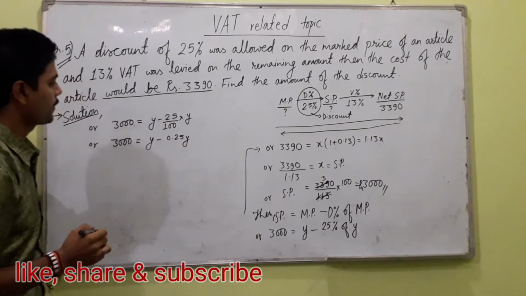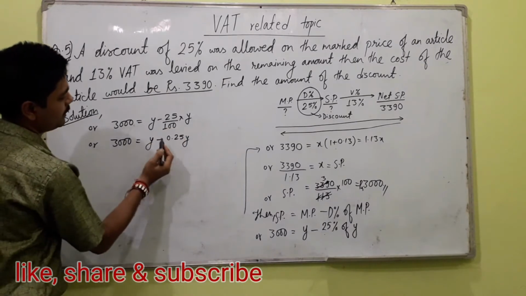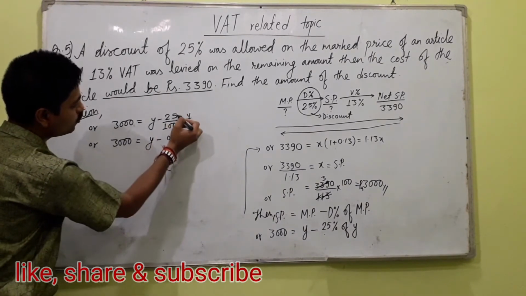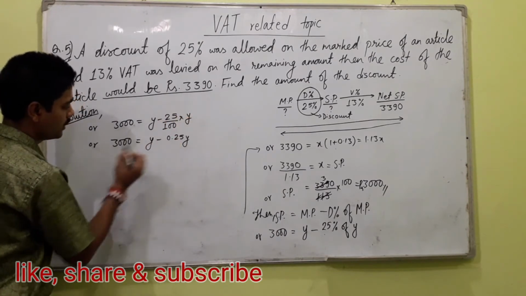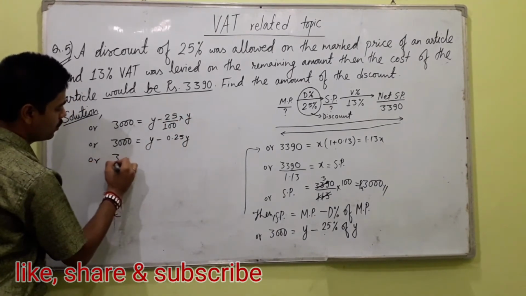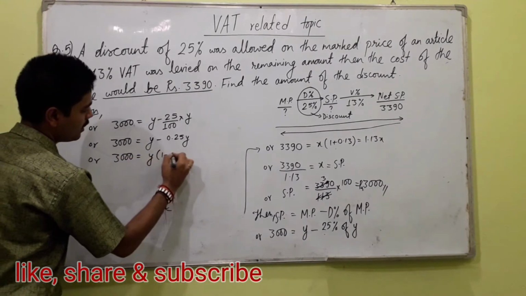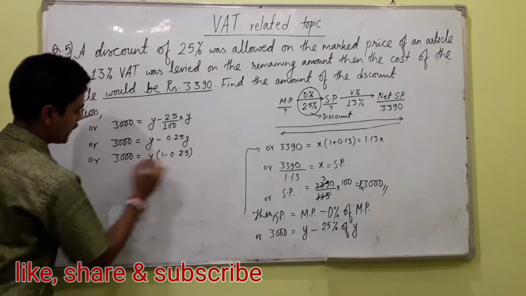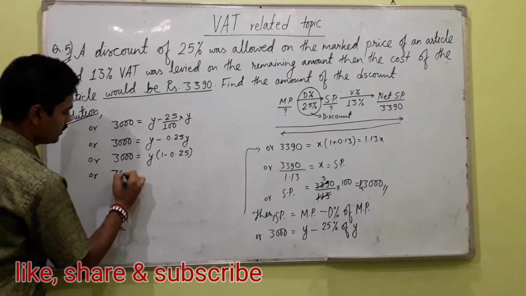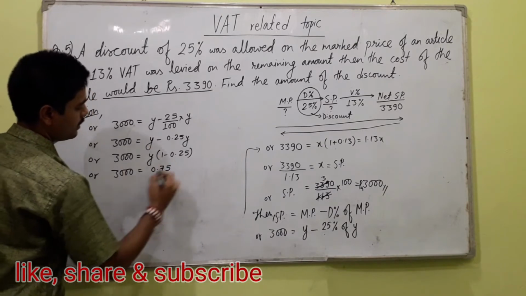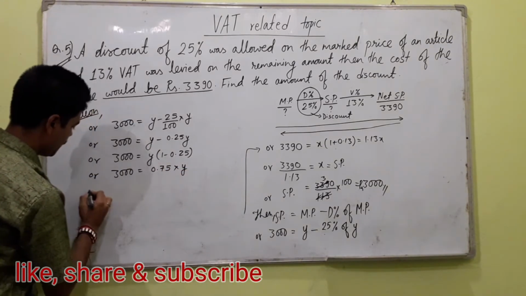Why? It is very simple. There are two zeros, so this will bring back two decimal places ahead of the number while dividing. So 3000 is equal to, taking y common, 1 minus 0.25, or 3000 is equal to 0.75 into y.